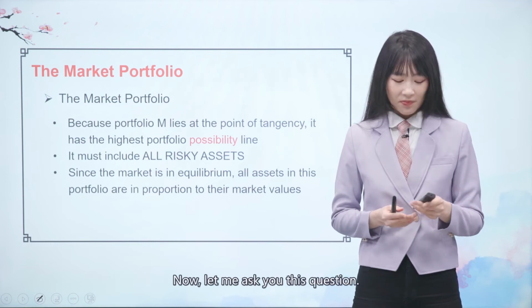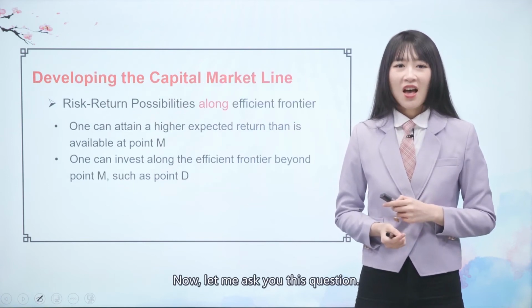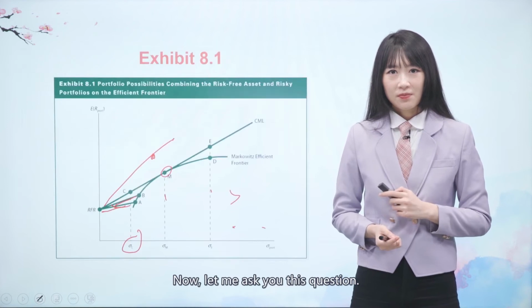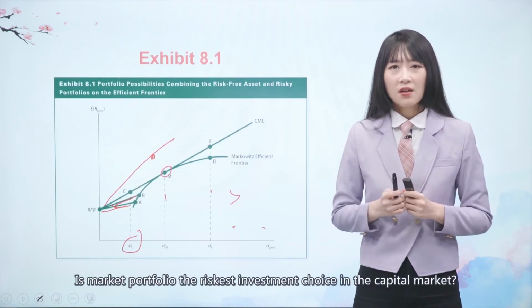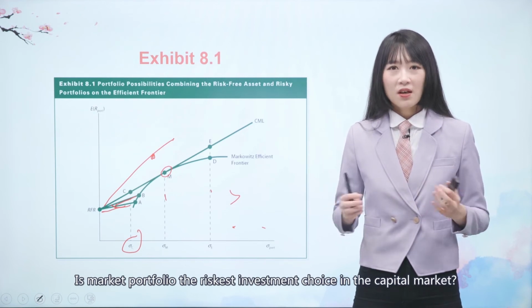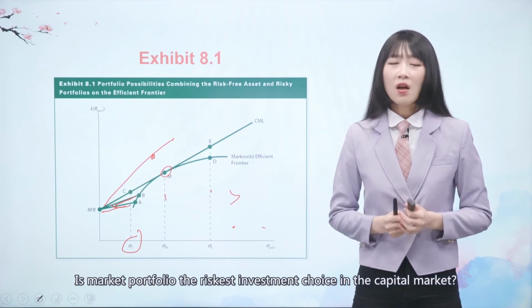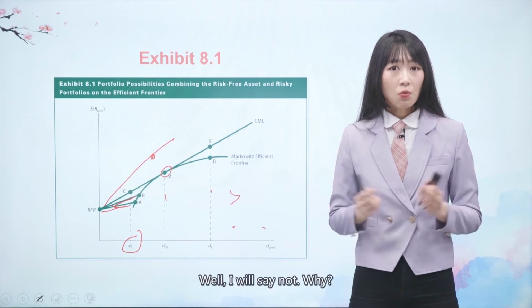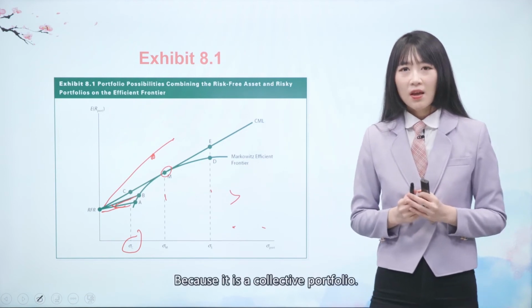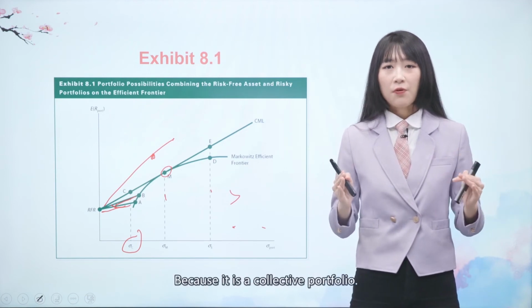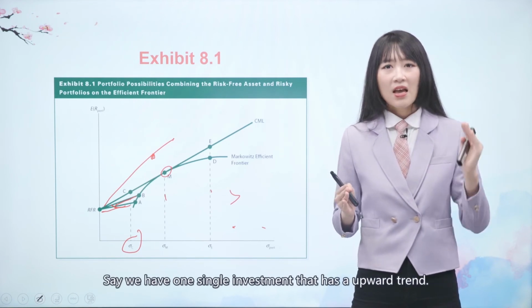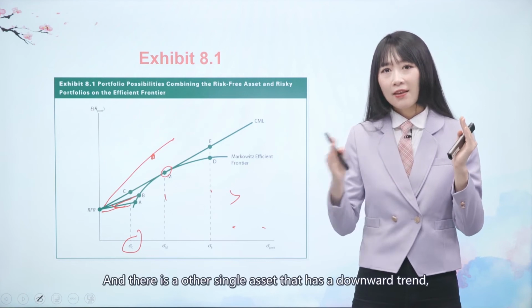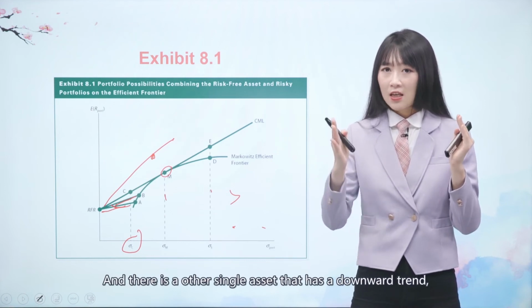Now, let me ask you this question. Is the market portfolio the riskiest investment choice in the capital market? Well, I would say not. Why? Because it is a collective portfolio. Say we have one single investment that has an upward trend, and there is another single asset that has a downward trend.